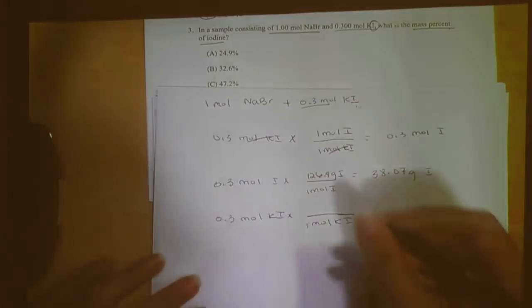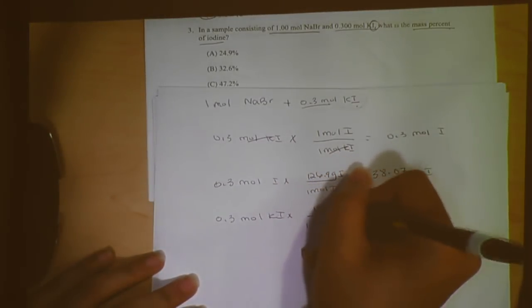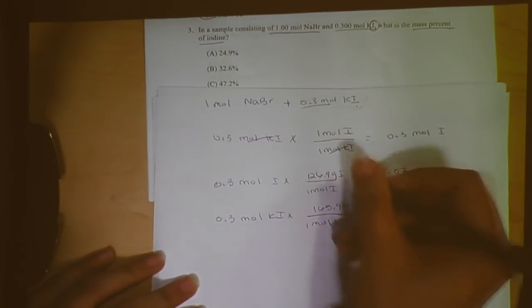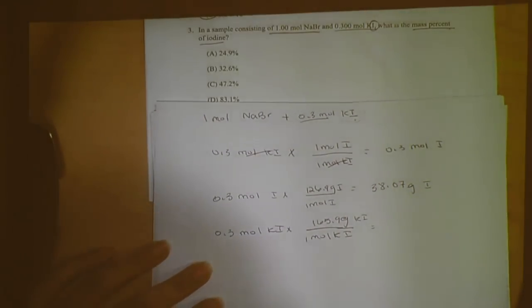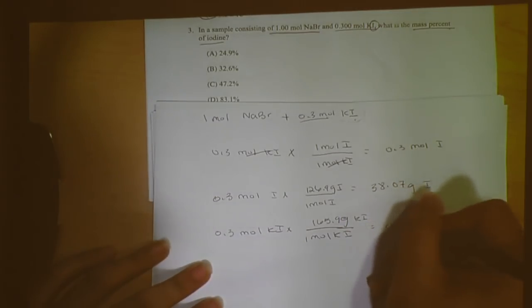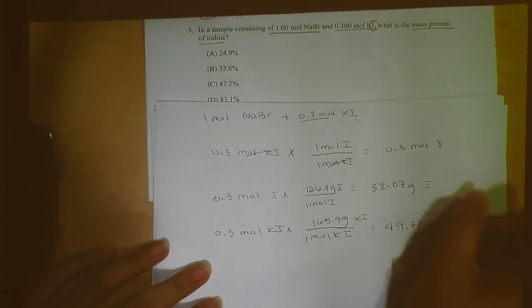So 165.9 grams. So 0.3 times 165.9 gives you 49.77 grams KI.